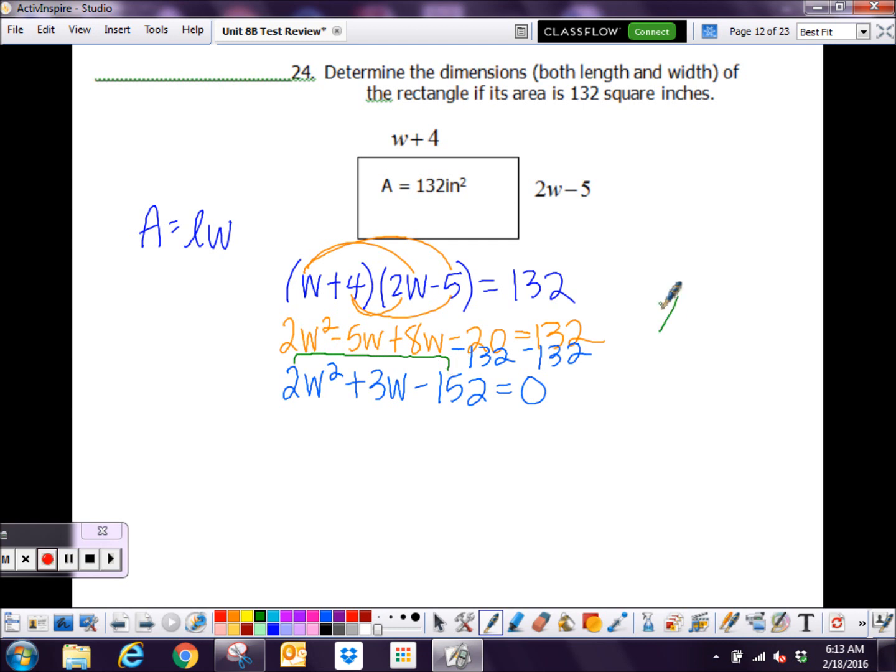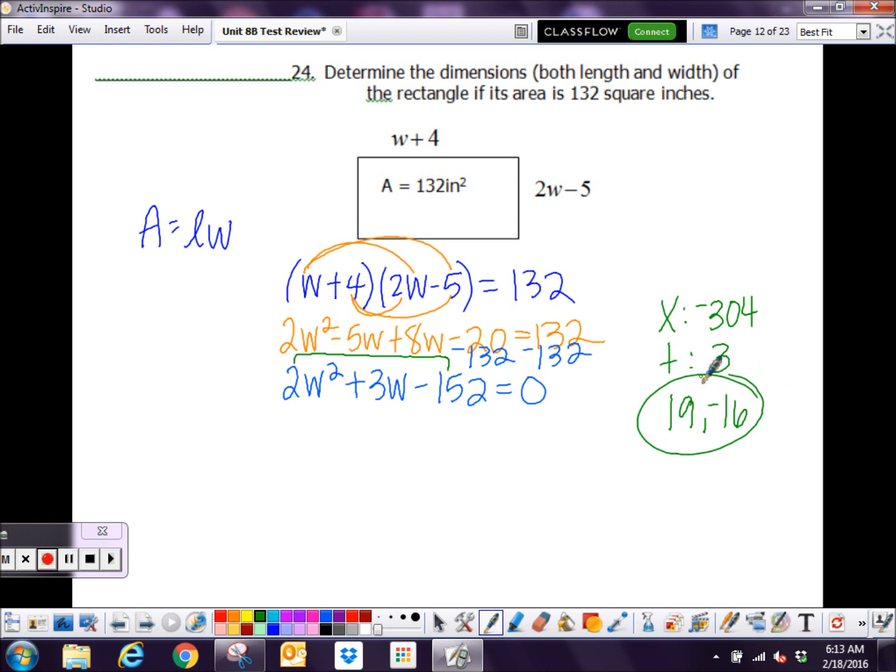So I need two factors that multiply to be a negative 304 and add to be 3. This is one I'm going to even have to put in my calculator because I don't know all the factors of negative 304. And I don't have all day to figure them out. So I put that in my calculator and I got 19 and negative 16.